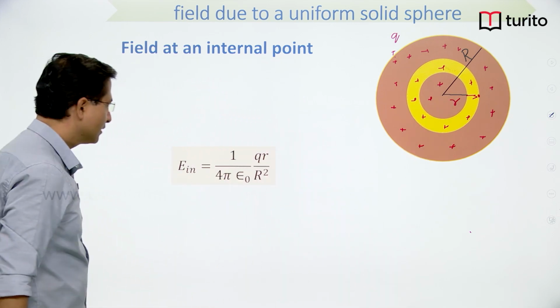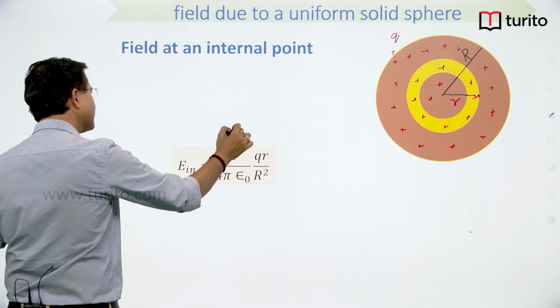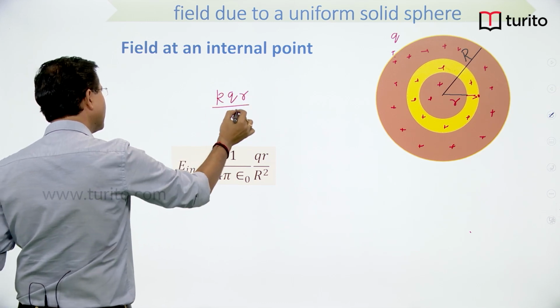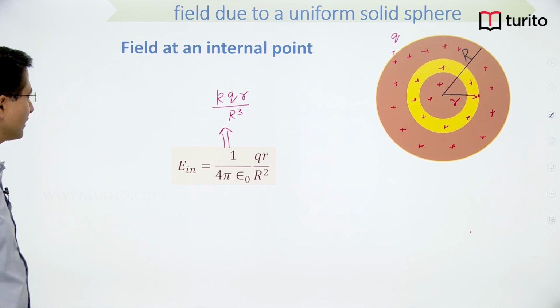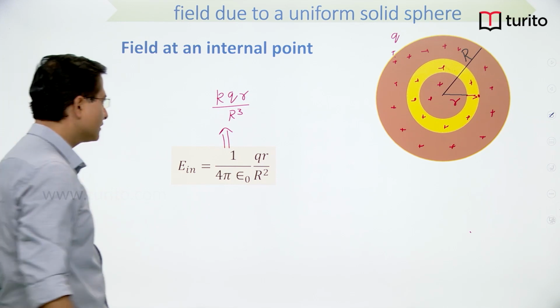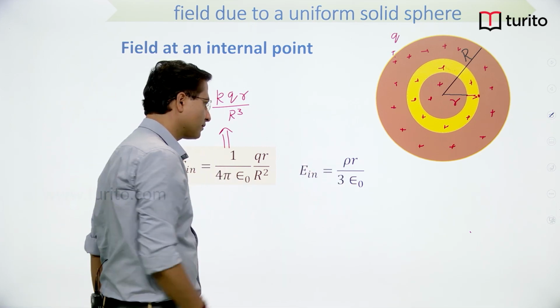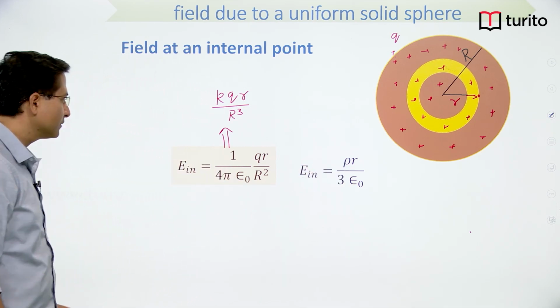Right, it's easy to remember this way, kQ small r divided by R cube, or we can also write in terms of density. Just now we have seen that this can be written in terms of density, rho r upon 3 epsilon naught, very important expression.